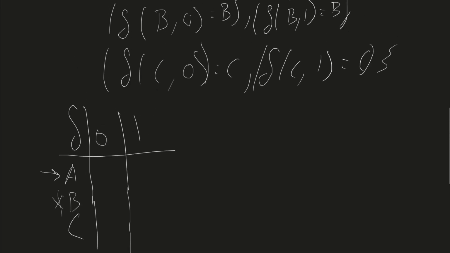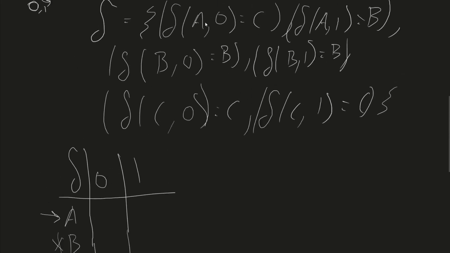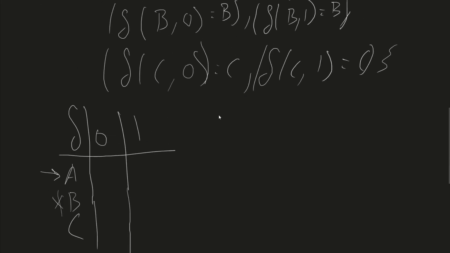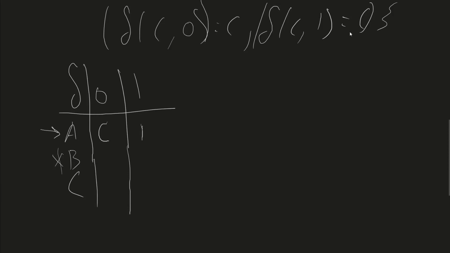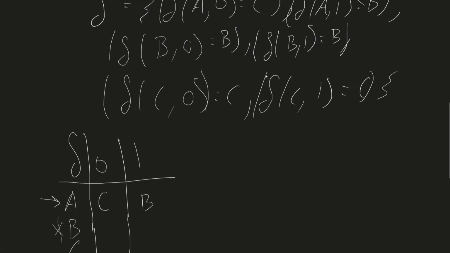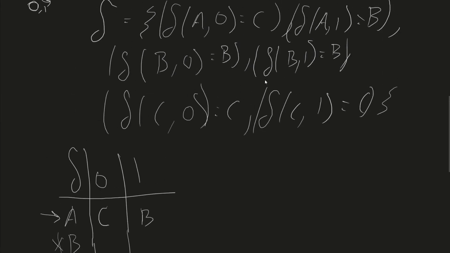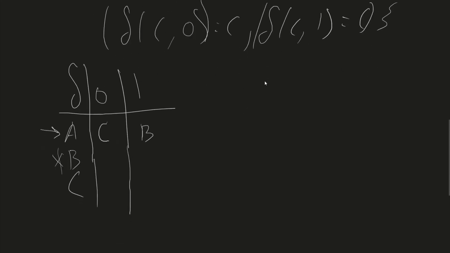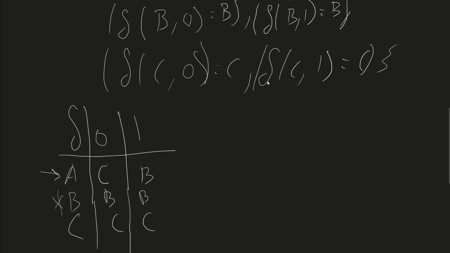And we could just look at this. A at 0 equals C. So we go to C. A at 1 goes to B. B at 0 goes to B. Right, we're looping out. B at 1 goes to B. C at 0 goes to C. C at 1 equals C. We're looping out there.